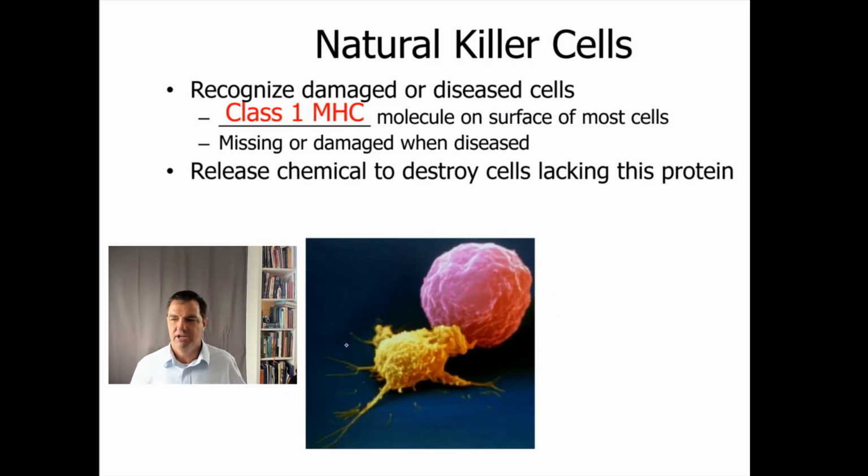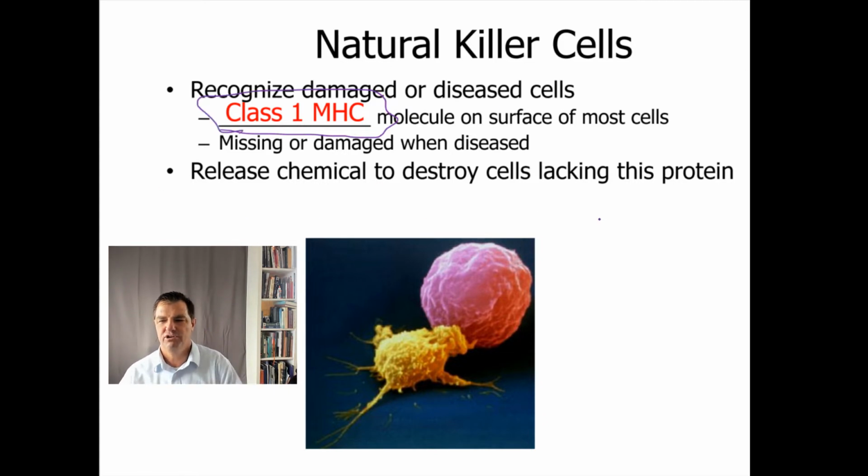Okay, now we're talking about natural killer cells, and then we're going to use that to move into the specific immune system as we talk about acquired immunity. So the first thing you need to know is that on all of your cells in your body, you have what are called class 1 MHCs.